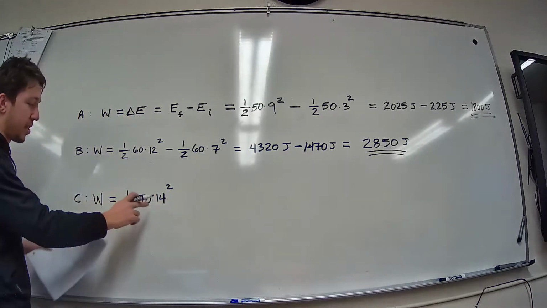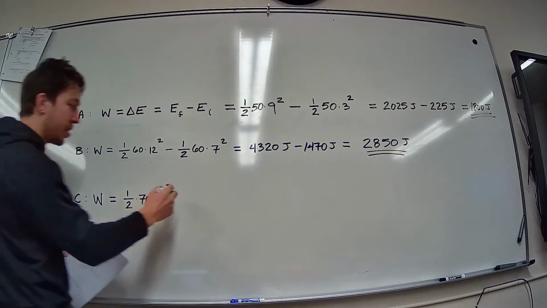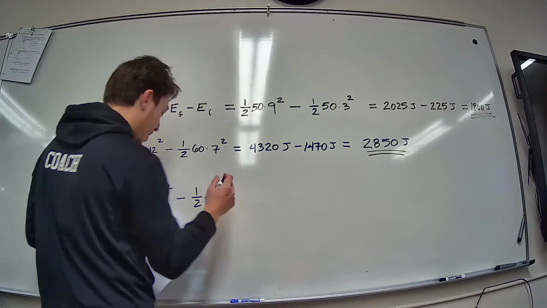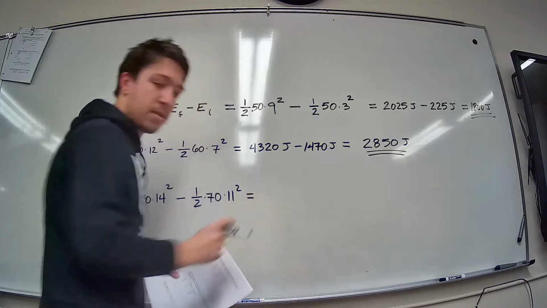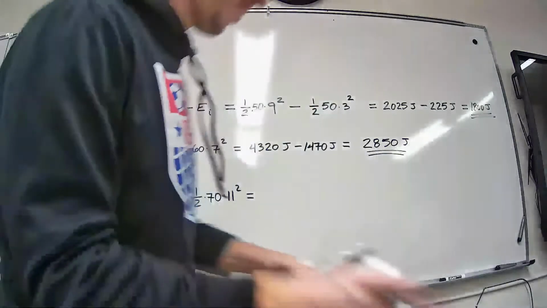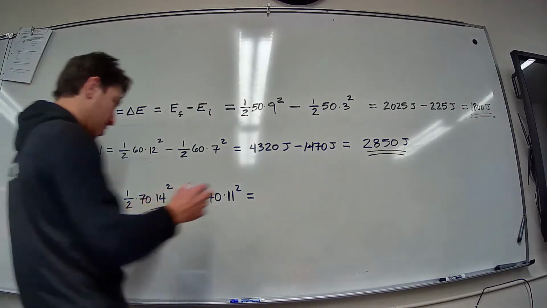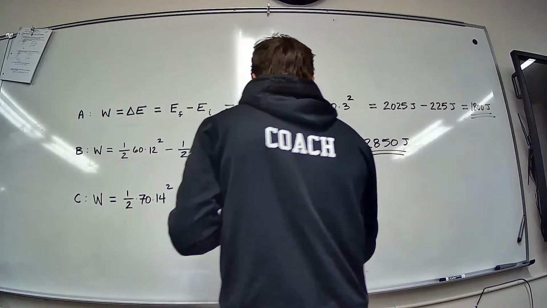So for Charles, it's 1/2 times 70 times 14 squared is his final energy. His initial energy was 1/2 times 70 times 11 squared. Look at this difference in energy.